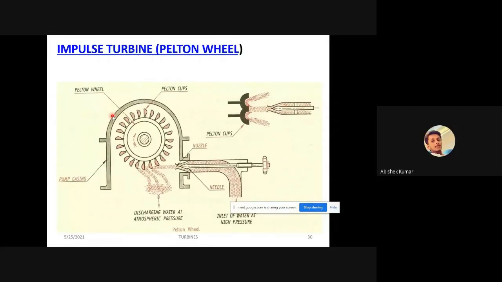What are the parts? Eight parts. Okay. One is the needle, nozzle, Pelton cups, Pelton wheel, casing, and discharge water. That is called the draft tube. Next the Pelton cups. So total 8 parts.